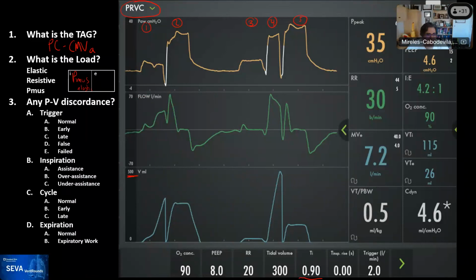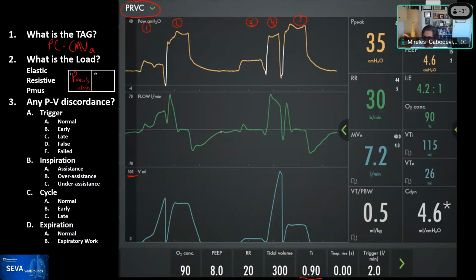All righty. And during expiration, my friends, what do you see? Elastic or resistive or PMOS? During expiration, do you see? Yeah, PMOS.